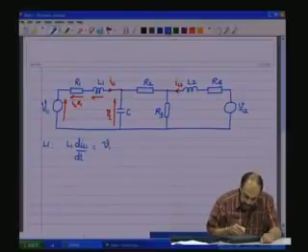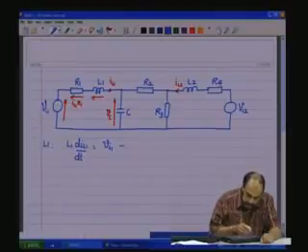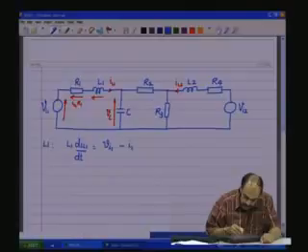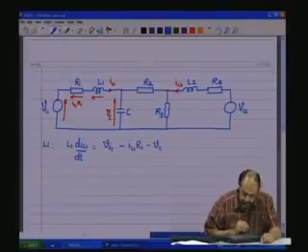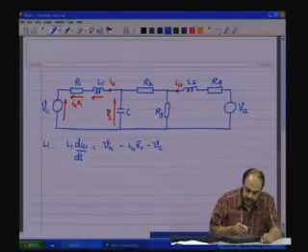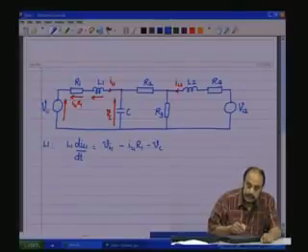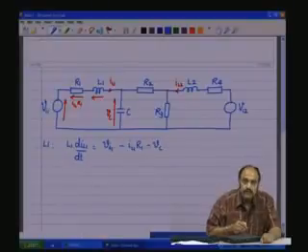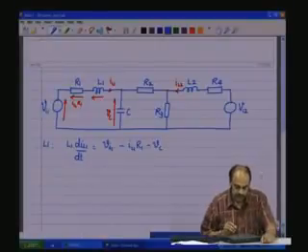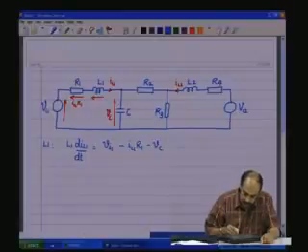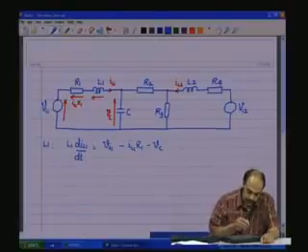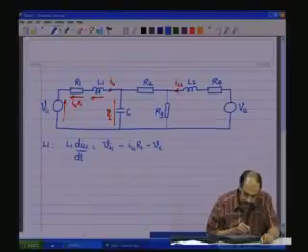We have VI1 minus IL1 R1 minus Vc should add up to the voltage across the inductor, such that the algebraic sum of the voltages in this loop is 0 by Kirchhoff's voltage law. So, this is our first equation, and now the second equation.